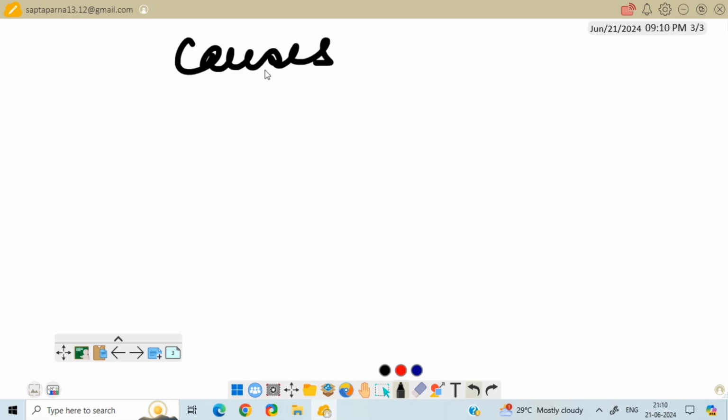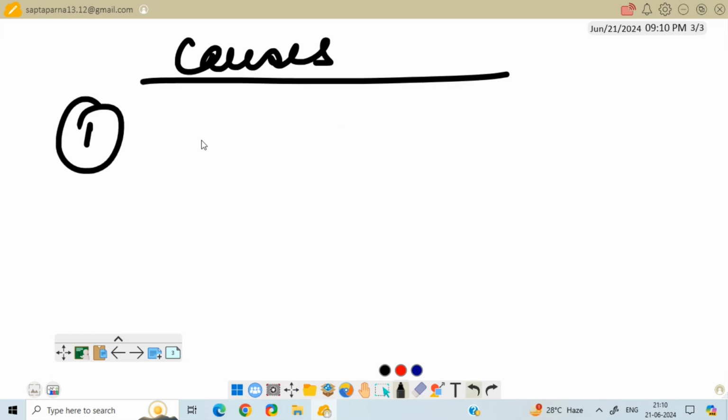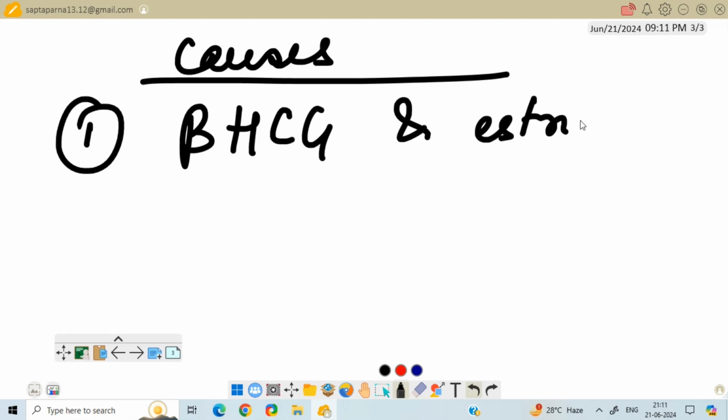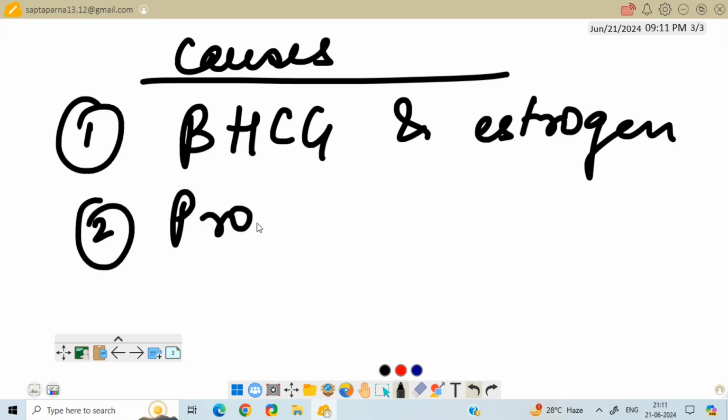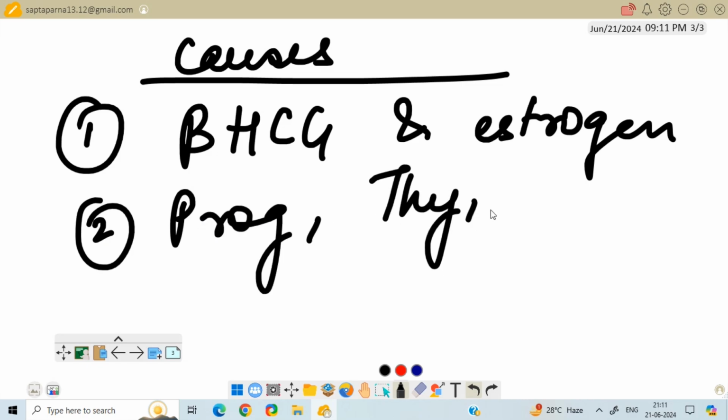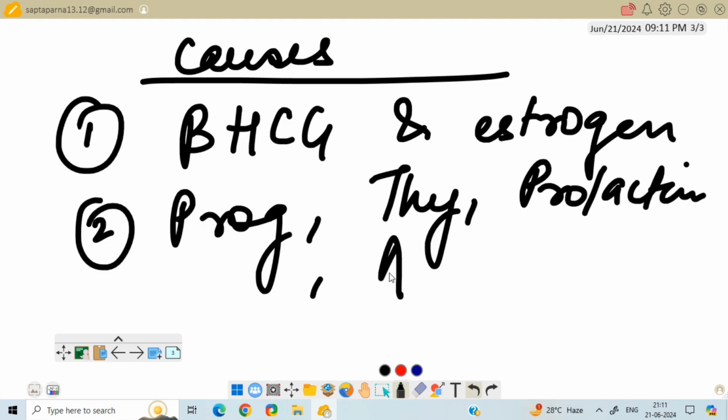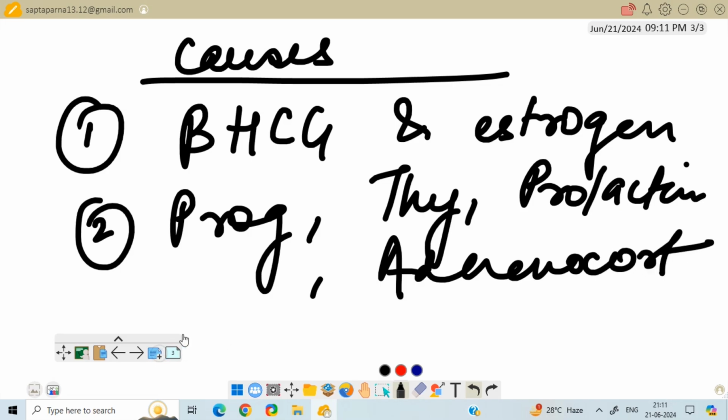Next. So what are the causes of nausea and vomiting? Mostly it is due to beta HCG and estrogen. But what are the other culprits? It can be due to progesterone, thyroxine, prolactin, and adrenocortical hormones.